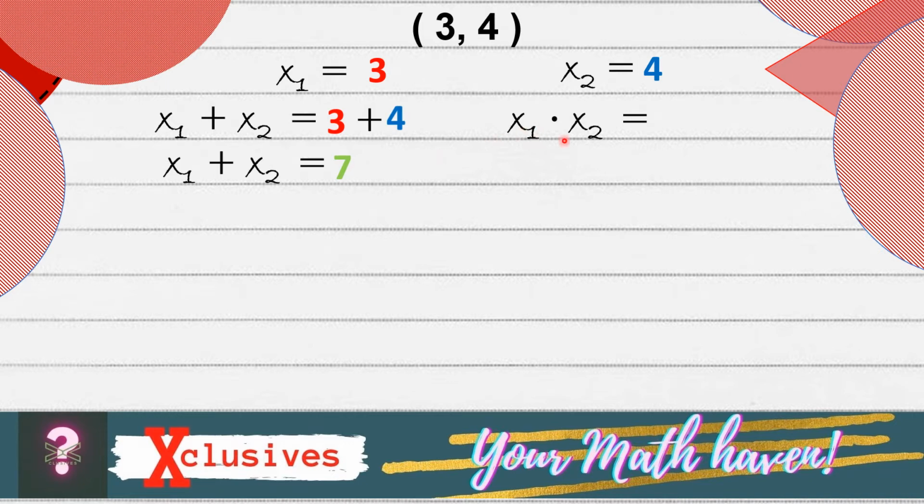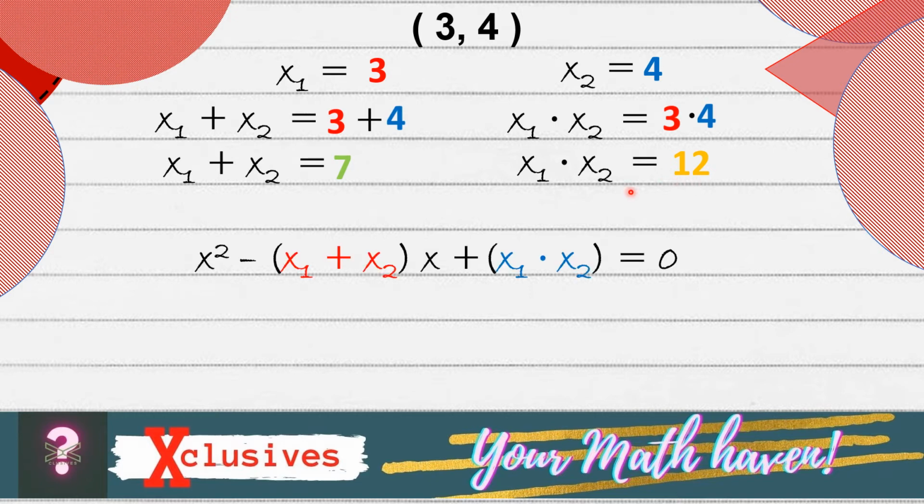Now for the product of the roots, let us substitute the values of x sub 1 and x sub 2. Our x sub 1, that is 3, times our x sub 2, 4. So 3 times 4, our product is 12. So 7 is our sum of the roots, and 12 is our product of the roots.